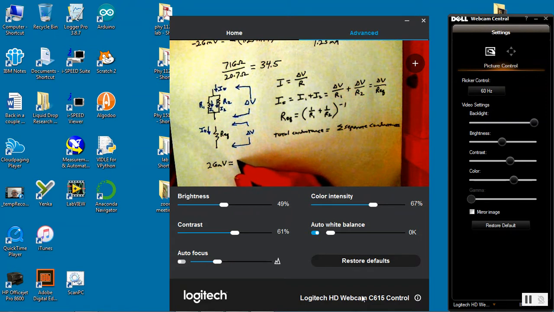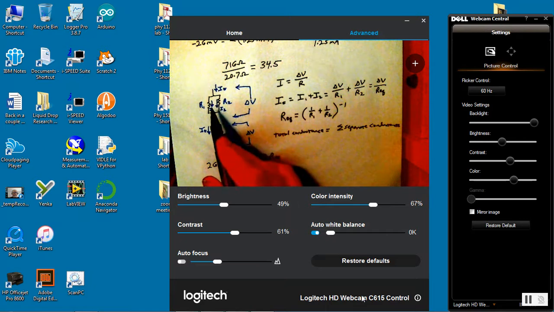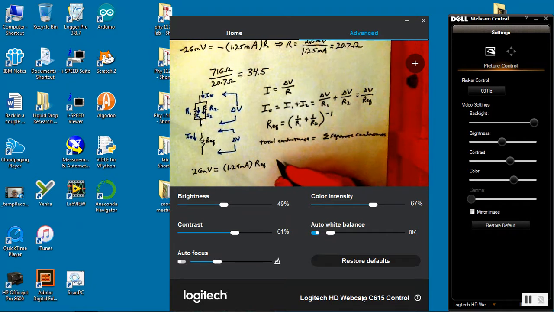That equals the total current coming in, which was 1.29 milliamps, times the equivalent resistance of the entire sodium channel, not just the original one plus the new one, but the whole one altogether.